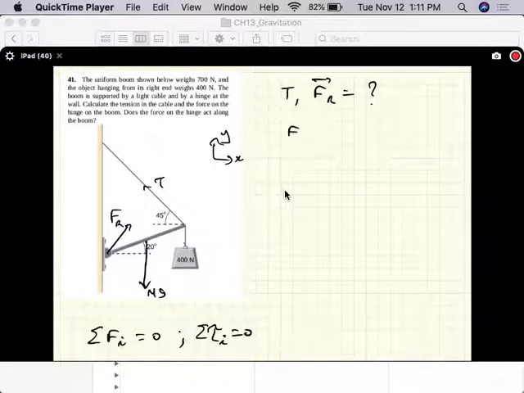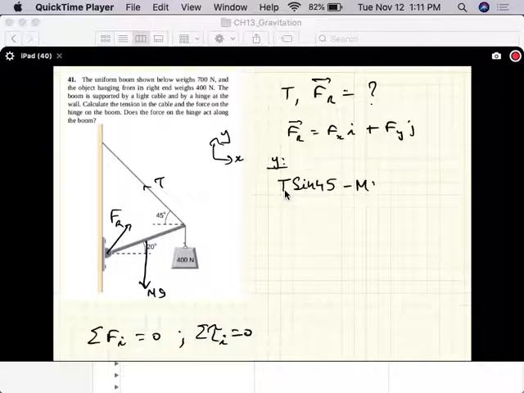So the y components are tension sine 45, tension sine 45 minus mg. mg is 700 newtons.